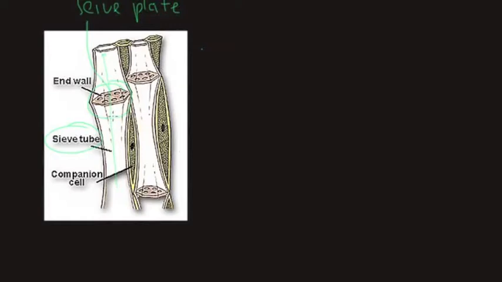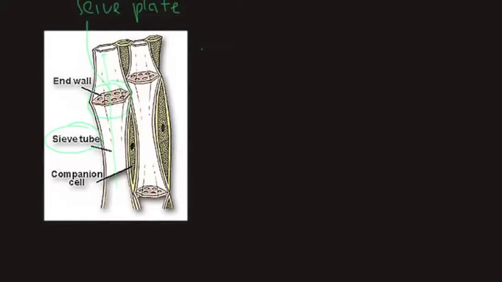Since the movement involves diffusion and active transport, the presence of cytoplasm helps a lot for these to happen. Plus there is the presence of the companion cell. Since it has a lot of mitochondria, it can also provide energy, or ATP, to the phloem so that the phloem can do active transport, moving food substances from lower concentration to higher concentration.